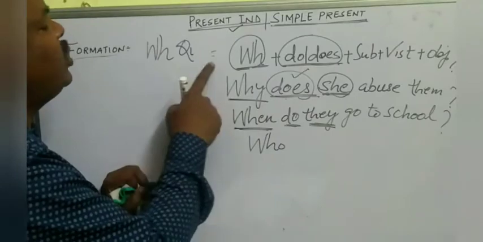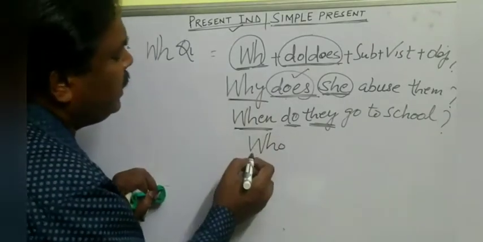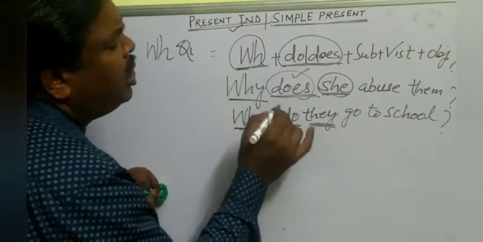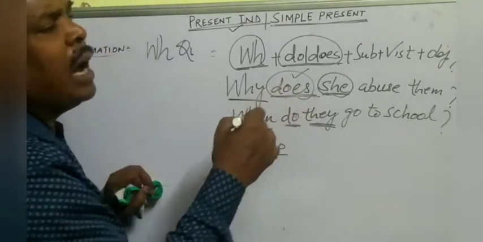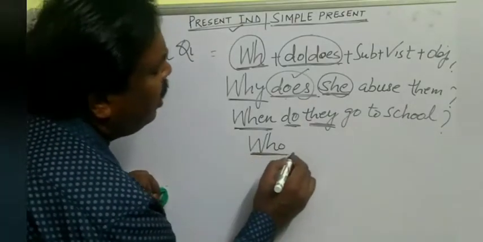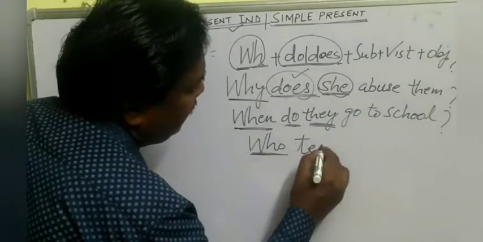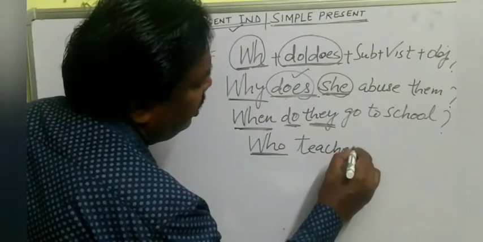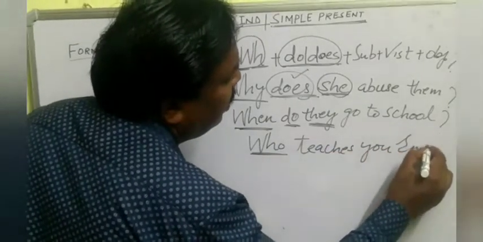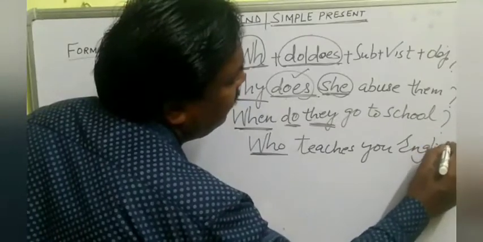The WH question that starts with who does not need a helping verb after who. Is it clear? For example, who teaches you English?